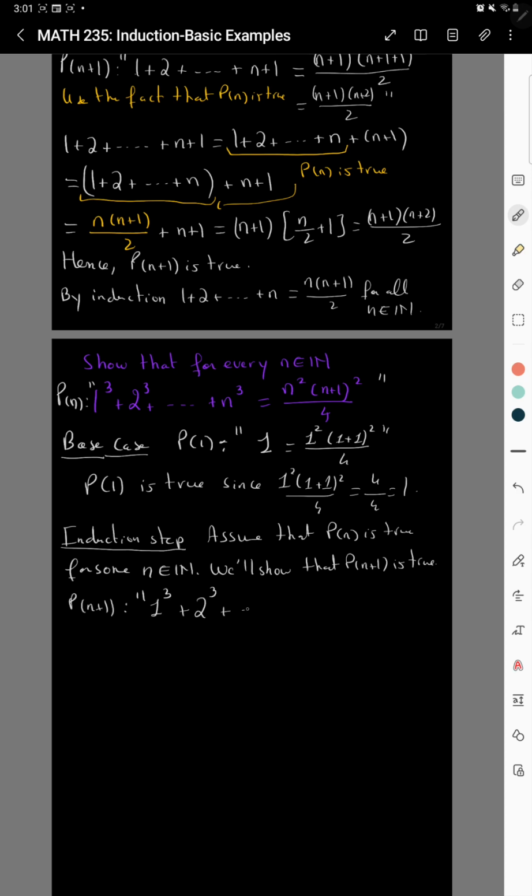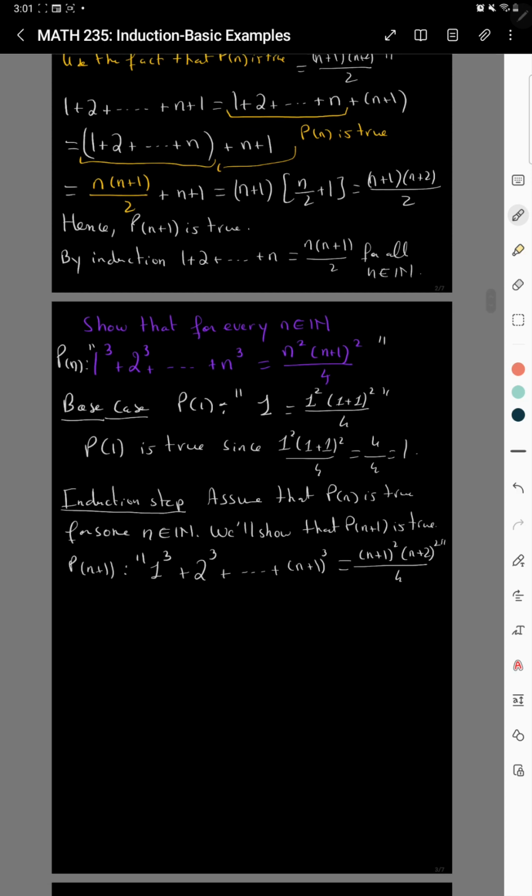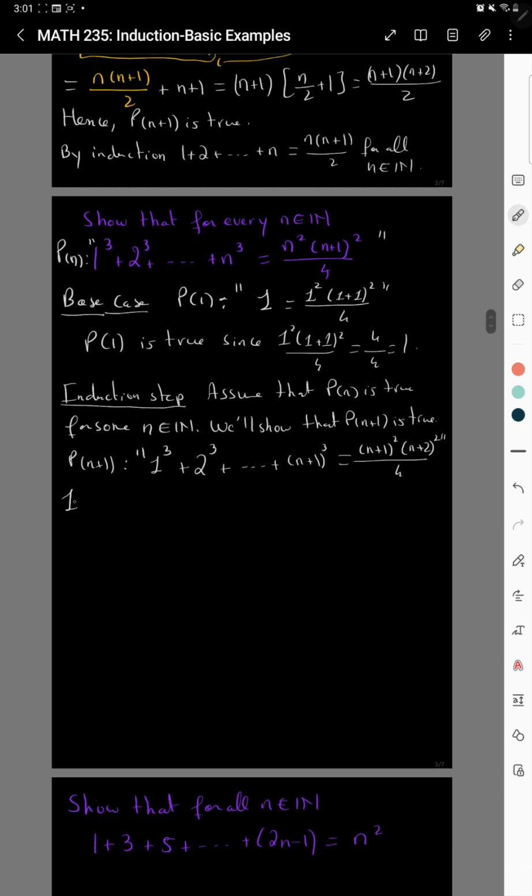So it's 1 cubed plus 2 cubed, up to, well, I have an n here, so it gets (n plus 1) cubed, equal to (n plus 1) squared times (n plus 2) squared over 4, because the n squared becomes (n plus 1) squared, and the n plus 1 becomes n plus 2. Let us do this: 1 cubed plus 2 cubed plus up to n cubed, plus (n plus 1) cubed.